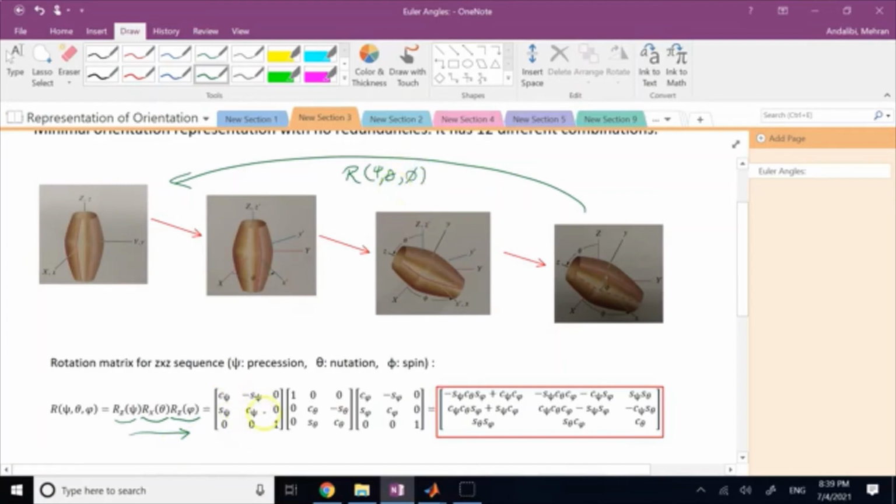And here, this is the form of a z rotation matrix, this is an x rotation matrix, and this is another z rotation matrix. If you do that in MATLAB through the symbolic toolbox, which I'm going to show you, it will give you this 3x3 rotation matrix, which has a bunch of sines and cosines. Again, the names of these angles are precession, nutation, and spin. Good. So the rotation matrix is clear, right?